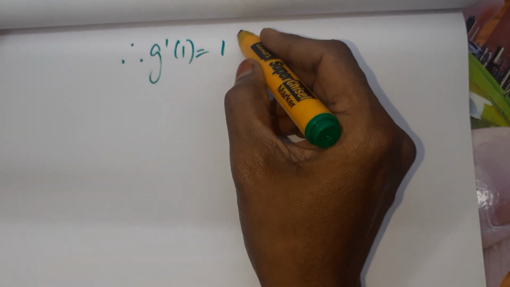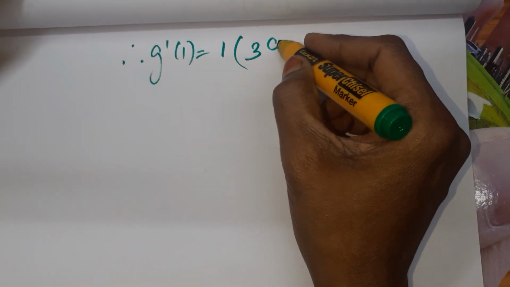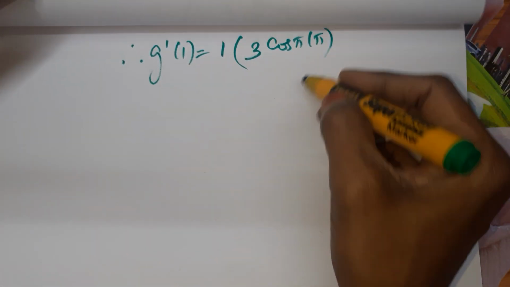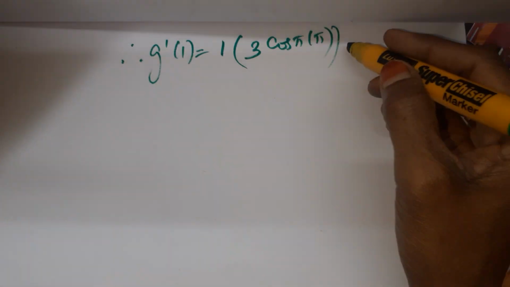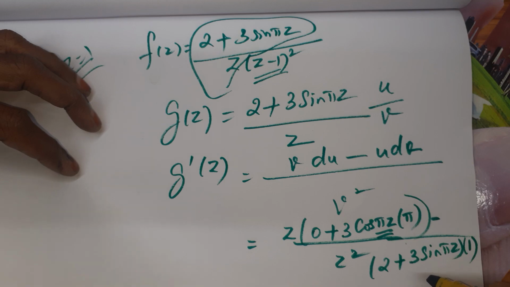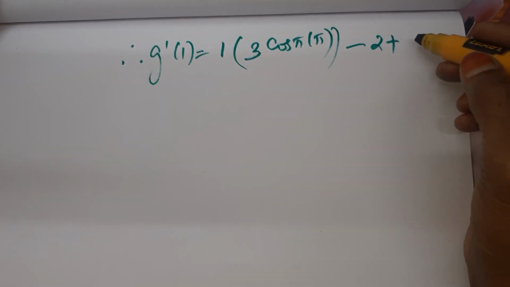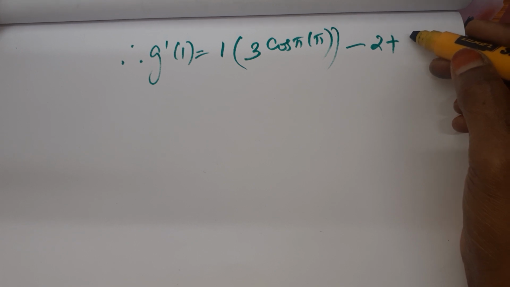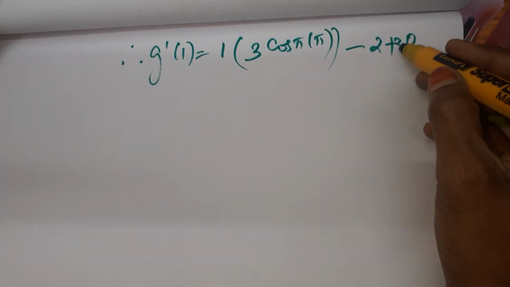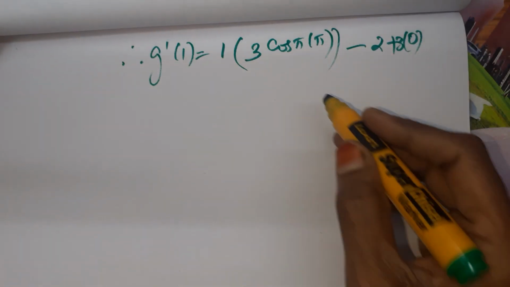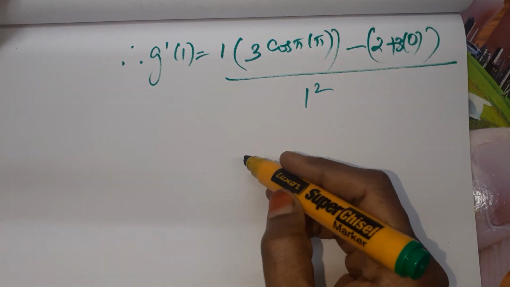z into, that is 1 into 3 cos pi into 1, cos pi into pi, minus 2 plus 3 sin pi z. Substituting 1 for z, sin pi is 0. So 2 plus 3 into sin pi, which is 0, by z square, that is 1 square.